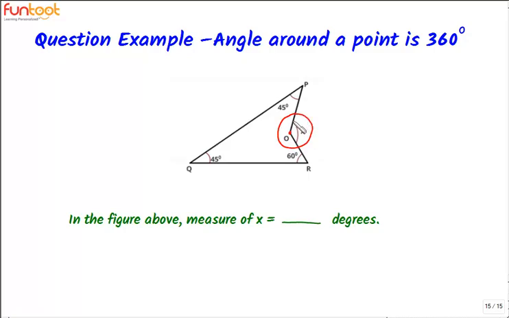If somehow we can find the angle shown in green here, and subtract this angle from 360 degrees, then we'll be in a position to find the value of x. So for solving this question, we should try to find the value of this angle here.